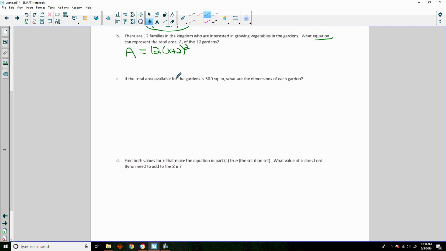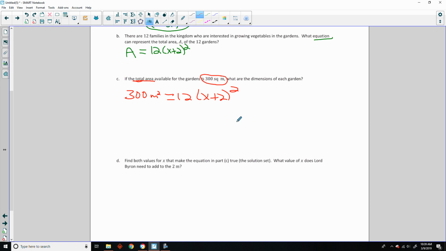If the total area available for the garden is 300 square meters, what are the dimensions of each garden? Okay, so now they have given us a given. The total area. So the area, that's my A, is going to get replaced by 300 square meters. I'm going to write this as meters squared equals 12 times x plus 2 squared.